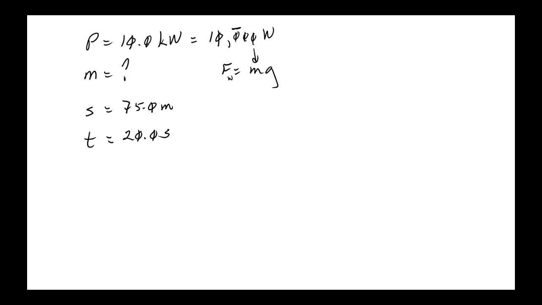We haven't gotten it yet, but when we do need it. This equation is about finding the mass. That's what we're looking for, because it says how large a mass. So if we can figure out what the force is, then we can go back and figure out what the mass is from this equation.